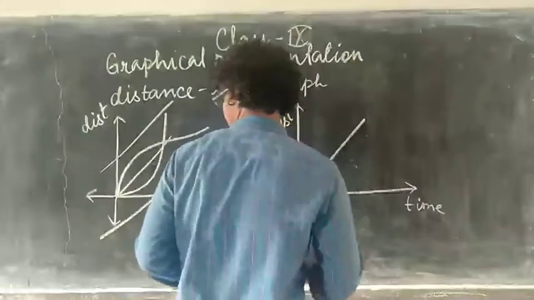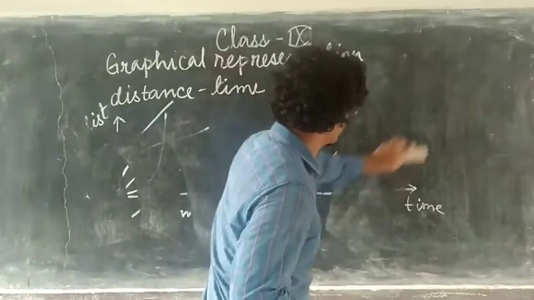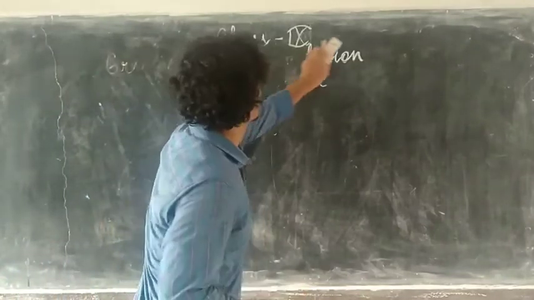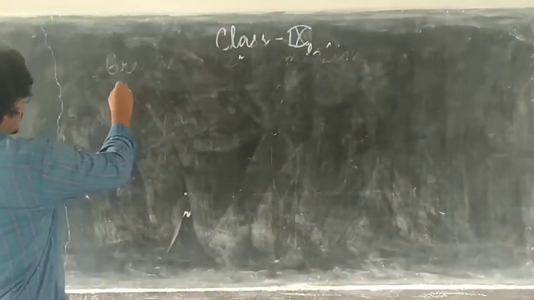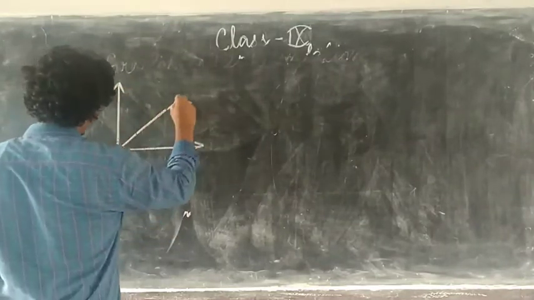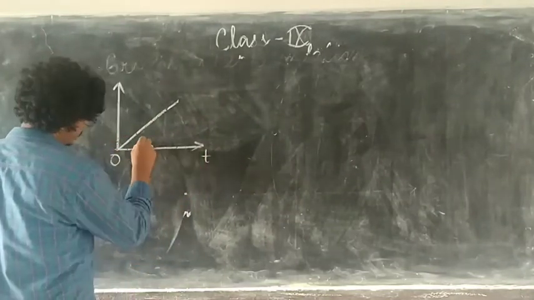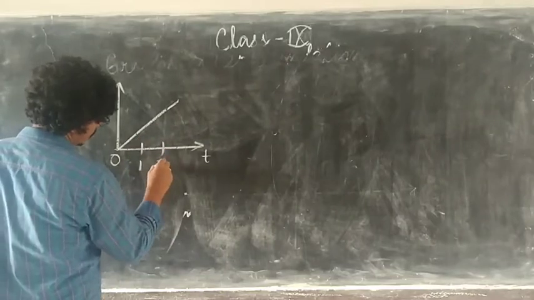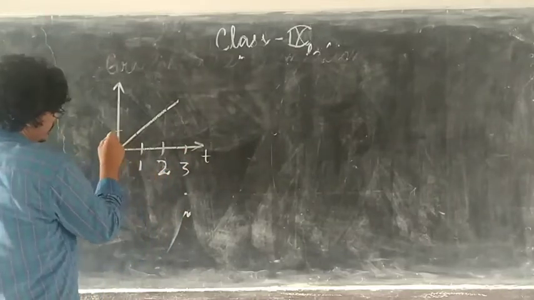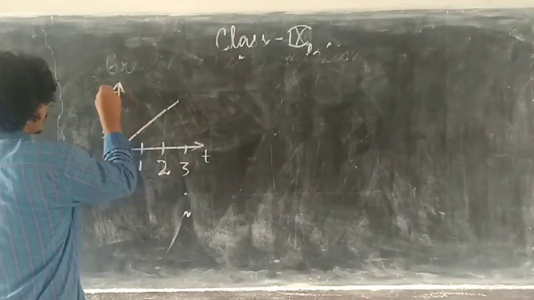So let us see an example. This is time in seconds: 0, 1, 2, 3 and so on. And here 1, 2 and 3 and so on.